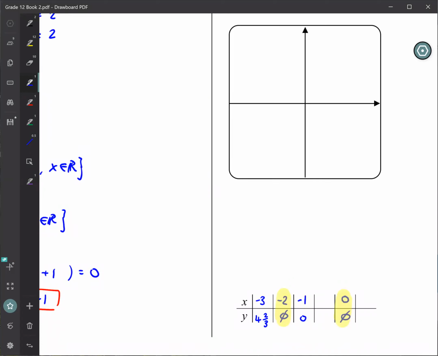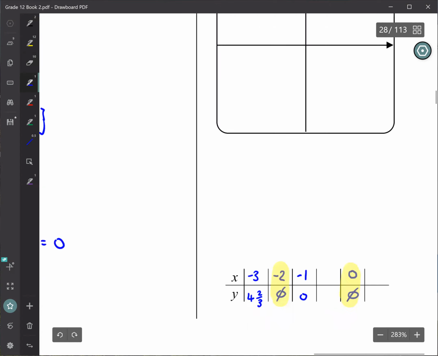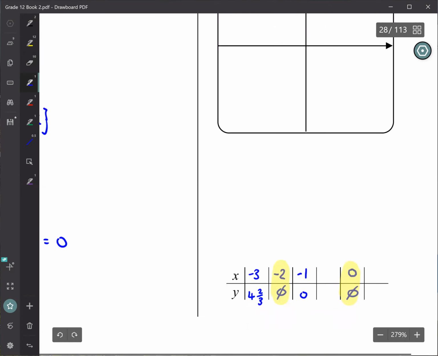Donna, did you choose anything between that? Oh, I chose a different one. What did you choose? I chose -1.5. -1.5. Oh, okay. Let me fill that in, right? -1.5 will be between -1 and -2, right?